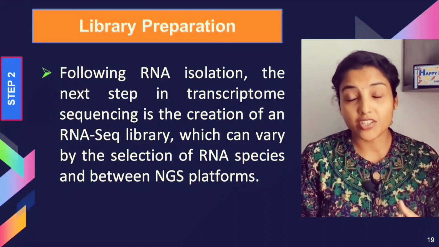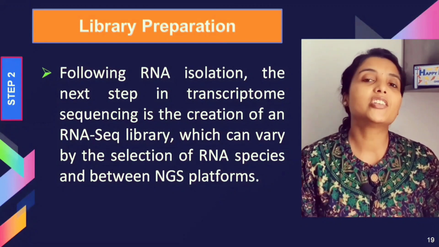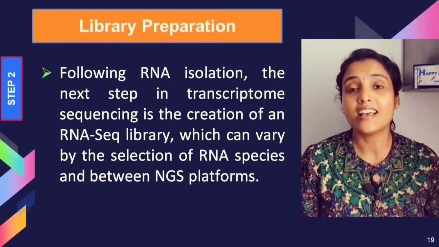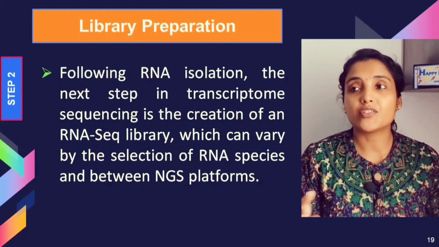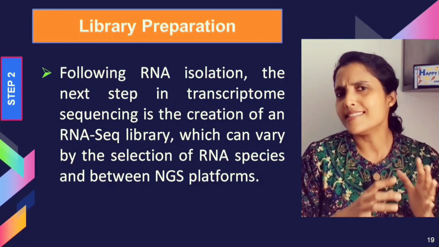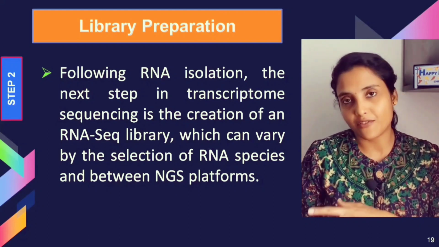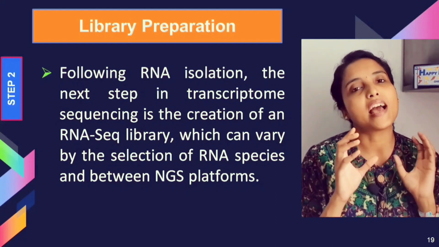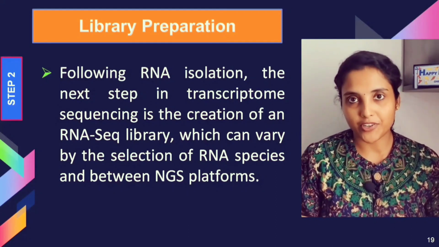Depending on the species, it will also depend on which sequencing platform you're using. There are different types of next generation sequencers available. You have Illumina sequencers, Ion Torrent, SOLiD sequencing, pyrosequencing, different types. So based on which sequencing platform and which RNA species you're selecting, you will have a protocol for the library preparation.